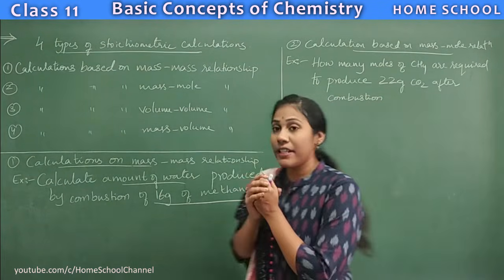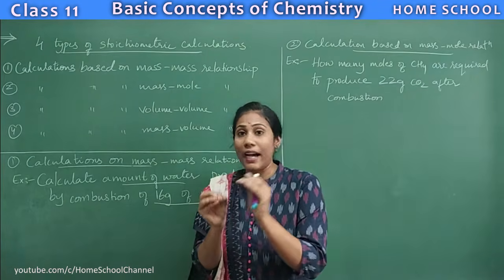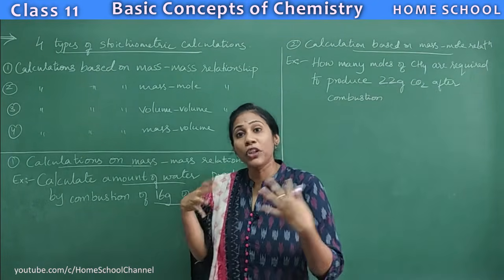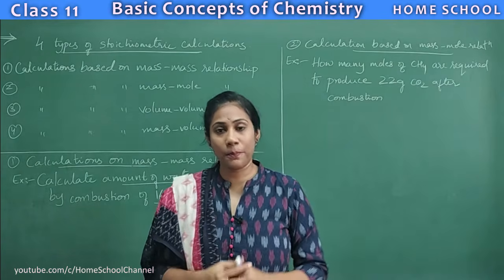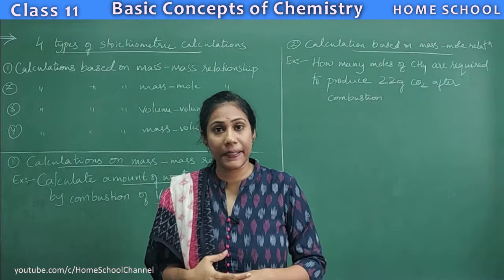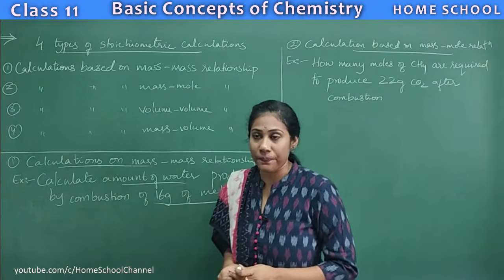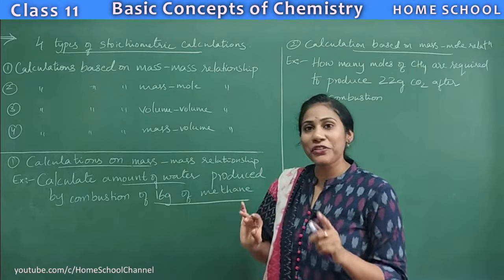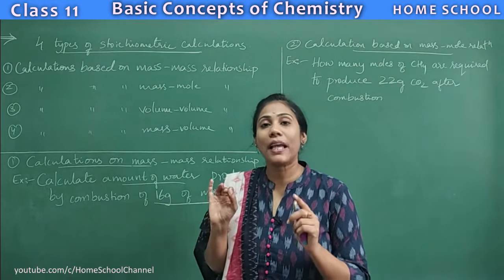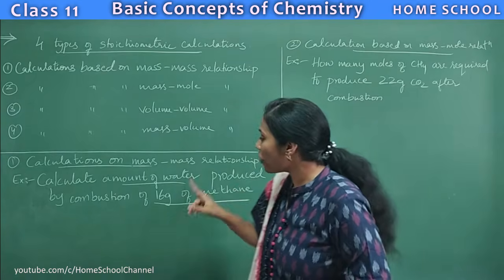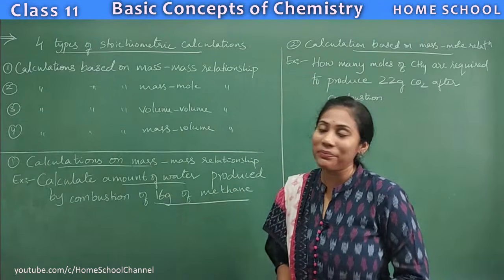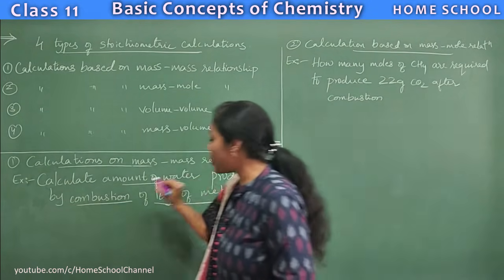They said 16 grams of methane is there, it underwent combustion and you are getting some amount of water as a product. How much water you are getting? That is the meaning of the question. So for this, first you have to write a balanced chemical equation for combustion of methane. Which is the reaction? Combustion of methane.